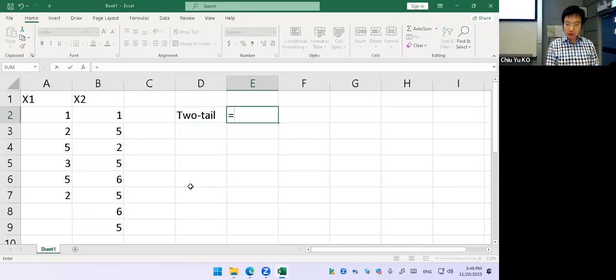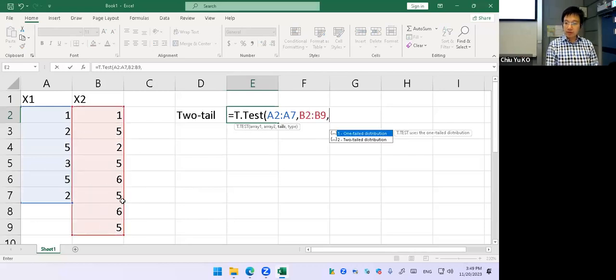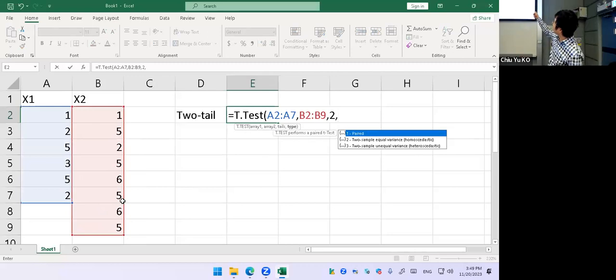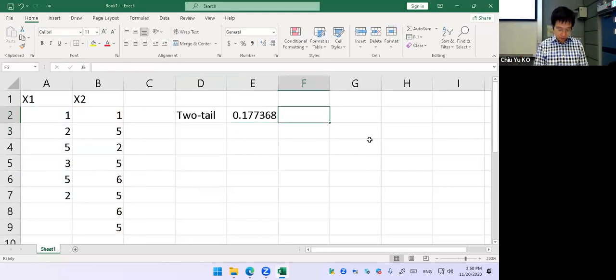So that will be T.TEST. I put x1, x2. I tell it it's two-tail, 2, and then 1, 2, 3 tells me whether it's paired, equal variance, or unequal variance. If I do unequal, it's what we want. That's the solution. It's two-tail.